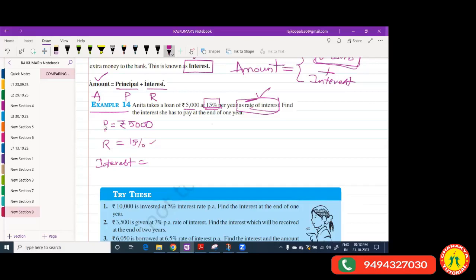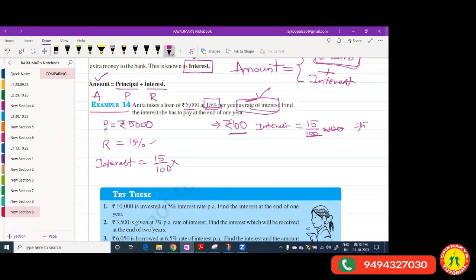For example, if we take 100 rupees at 15%, what is the interest? 15% means 15 by 100 into 100, the 100s cancel, so 15 rupees for 100.